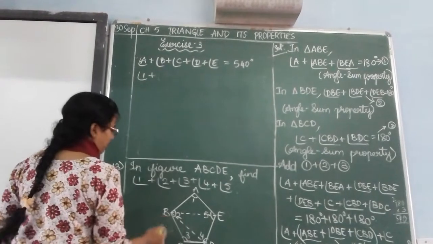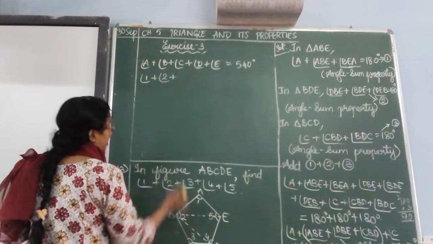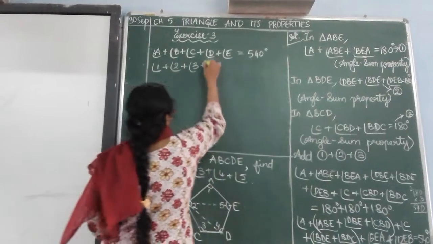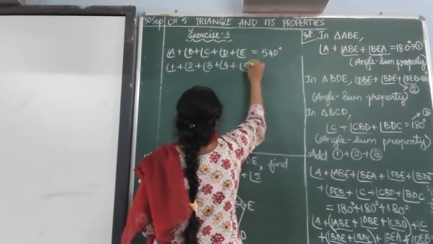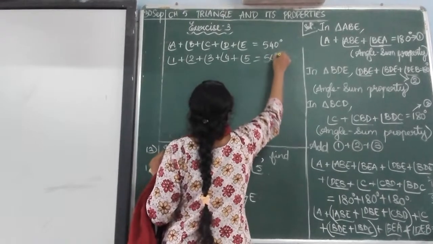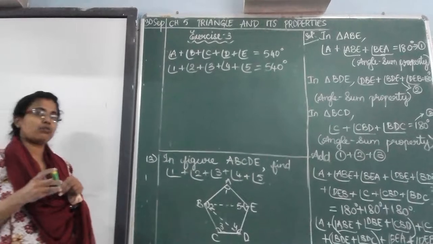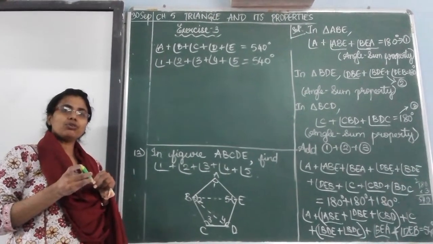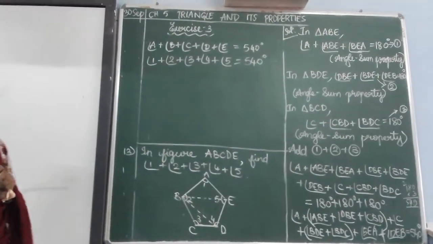It's nothing but angle 1. What is angle B? Angle 2. What is angle C? Angle 3. What is angle D? Angle 4. What is angle E? Angle 5. So you got angle 1 plus angle 2 plus angle 3 plus angle 4 plus angle 5 is equal to 540 degrees. Copy this in your class books, children.